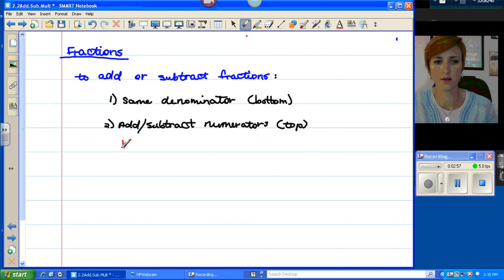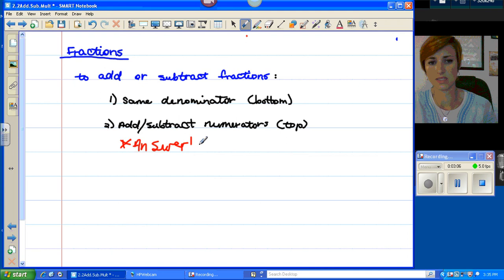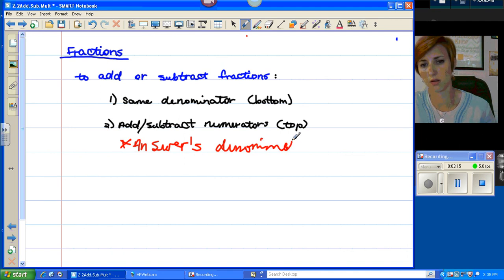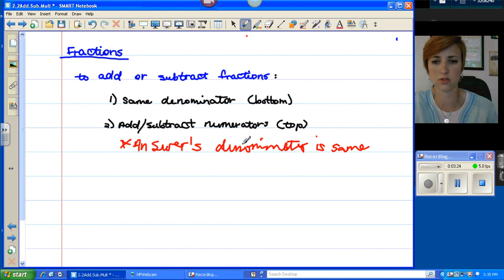And just a reminder, the answer's denominator is the same. So if both the denominators are 5, then the answer's denominator will be 5.